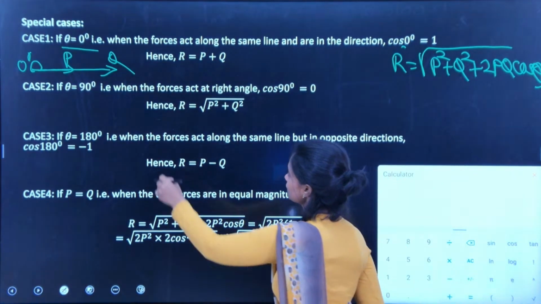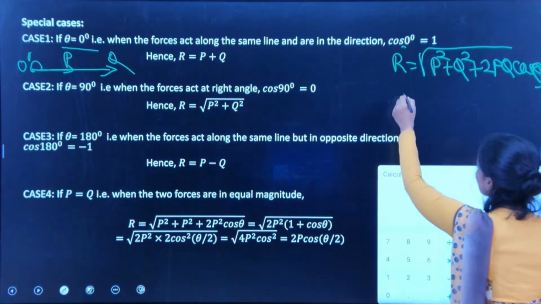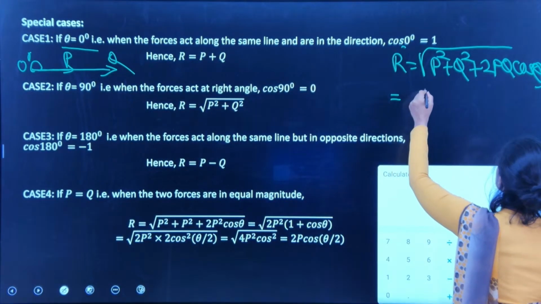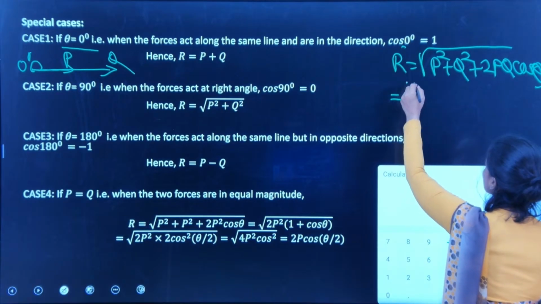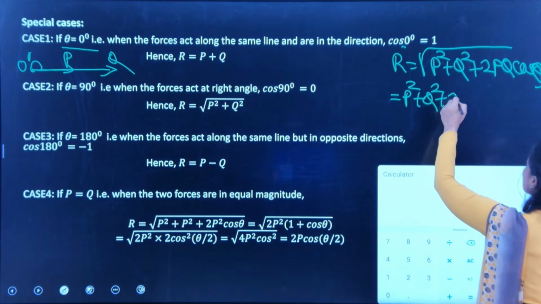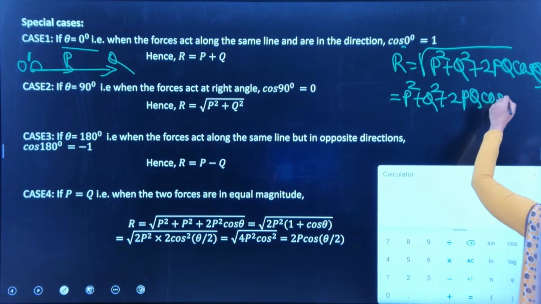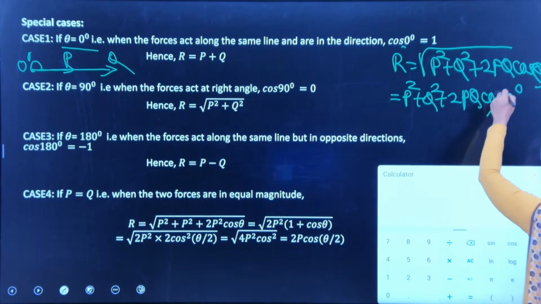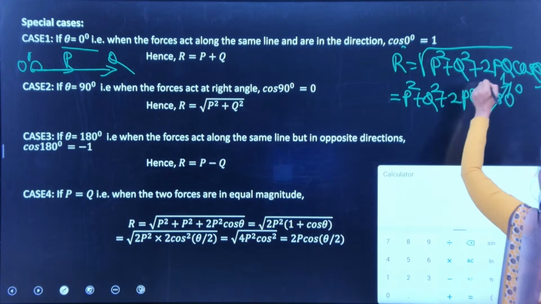In this case, theta becomes 0, and if we put the value of cos 0, we get R is equal to root over of P square plus Q square plus 2PQ cos 0 degree. And what is cos 0 degree? 1.